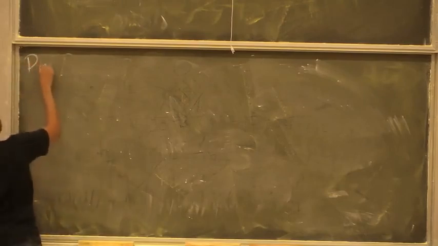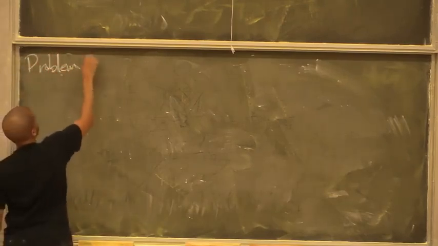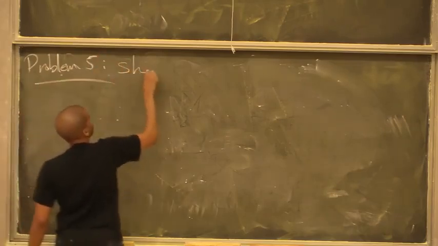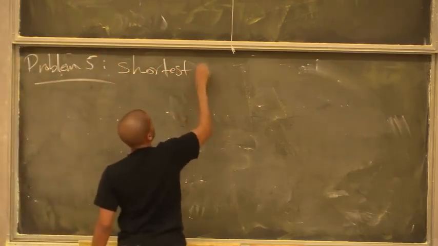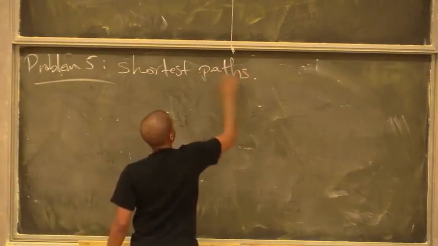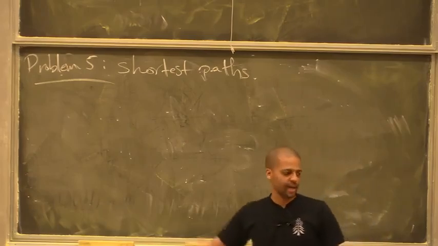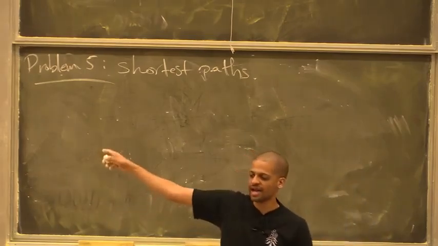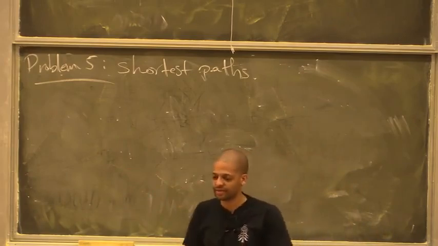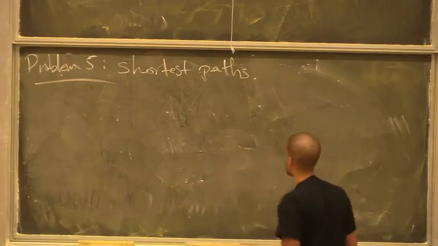So let's say shortest path. So problem 5. Here the graph is not a DAG. I think you asked me earlier, can I run that previous recursion on a graph that's not a DAG? And I can't, because I'll have infinite recursion. So here's what I'll do instead.